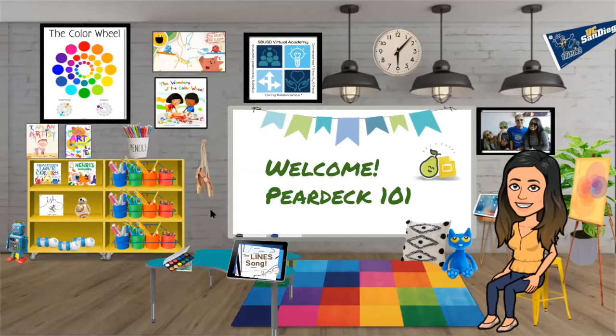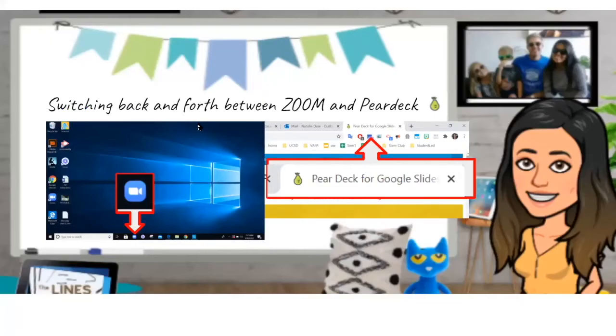So let's get started. First of all, I want to add that I will be asking you to switch back and forth from Zoom to Peardeck during this session. So I just want to point out, if you get lost and you're in Peardeck and you're trying to get back to your Zoom screen, it can be found by clicking the blue icon at the bottom with the white camera, on the taskbar of your laptop.